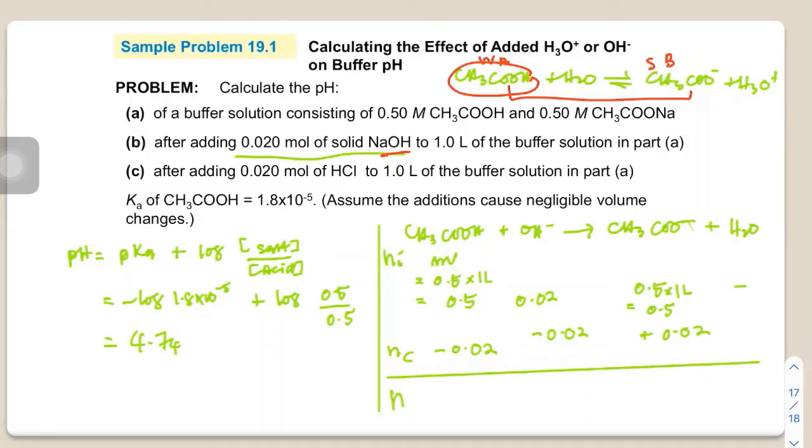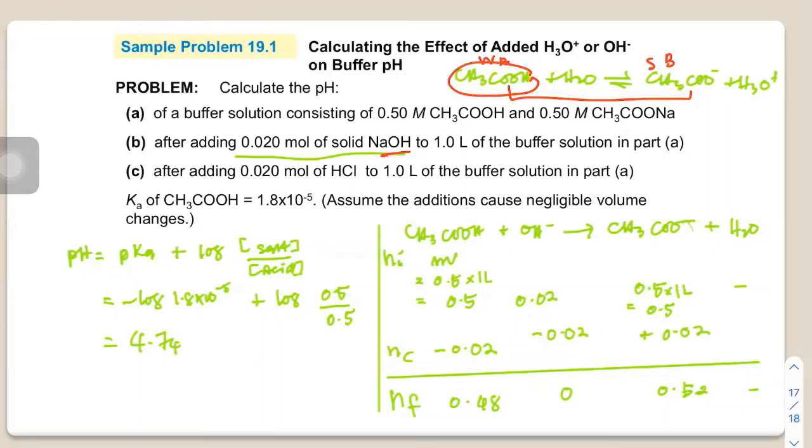Then we have the amount final, so 0.5 minus 0.02 is equal to 0.48. This is 0 and 0.52, dash. So this is the new amount of the acetic acid and also sodium acetate.